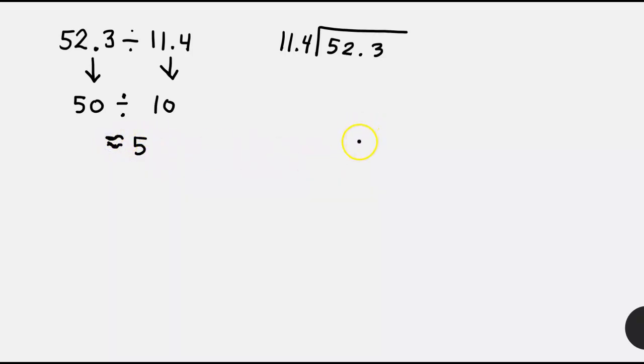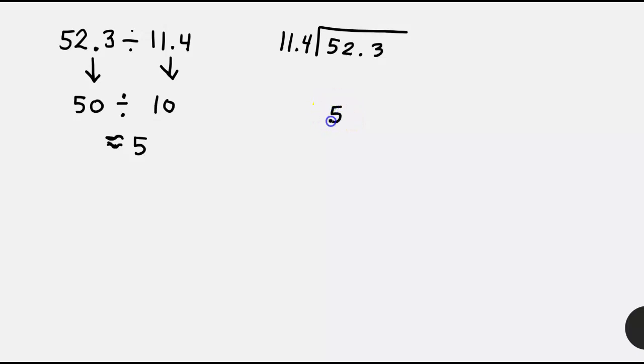I'm going to do another example. This was number 1 on page 81 in your 6.2 practice book. Number 2 has the same problem, but it gives you a different way of looking at it. It shows that 52, they rounded to 55 or used compatible to be 55, and they kept 11 the same.